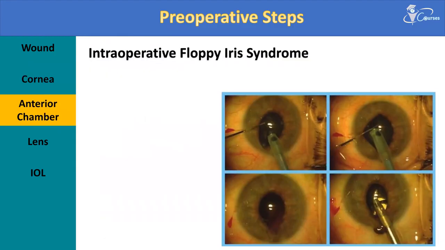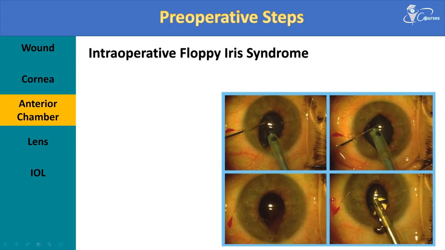Regarding the anterior chamber, remember when I told you to ask in the history of the patients about the use of Tamsulosin, which is an alpha-1 blocker used for patients with benign prostatic hyperplasia. This will result in what's called intraoperative floppy iris syndrome.